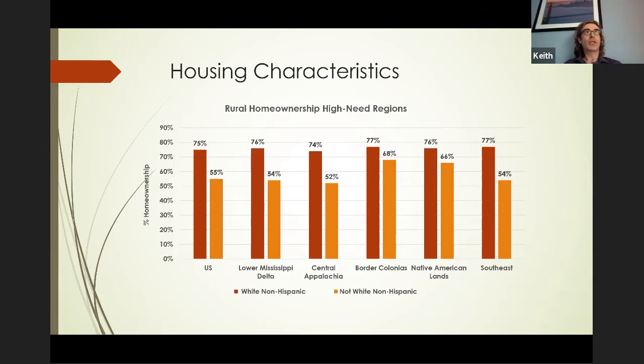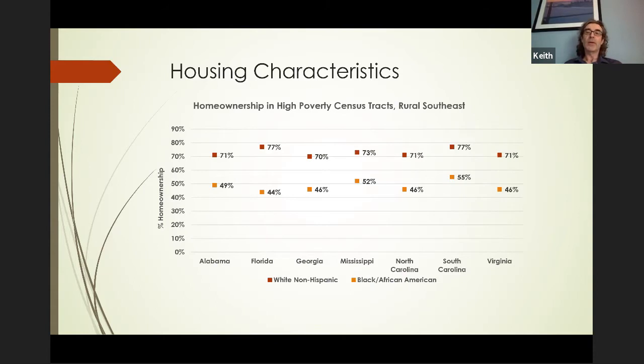So this is an ongoing problem. The problem is that they're just more pronounced, because I know a lot of times people think in rural areas, everybody owns their own home. That's not necessarily true, and particularly for rural minorities. And here's just a comparison by state of the home ownership rate in the high poverty tracts. And you can see, like in Alabama, 71% of the white non-Hispanic households own their own home compared to 49% for African Americans.